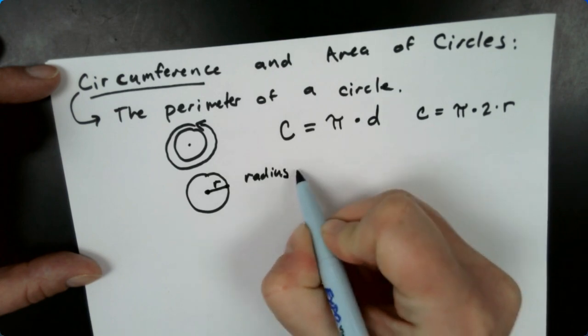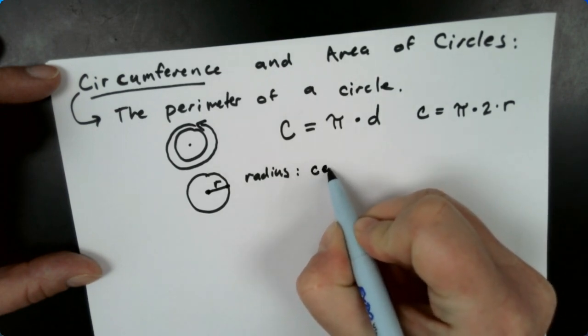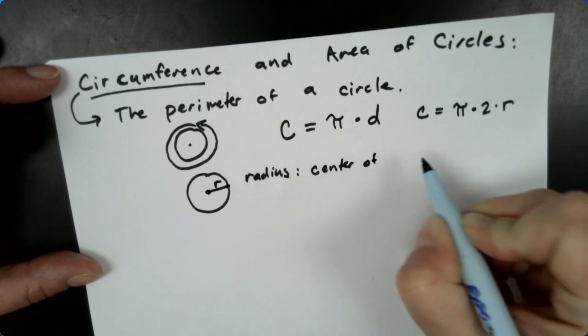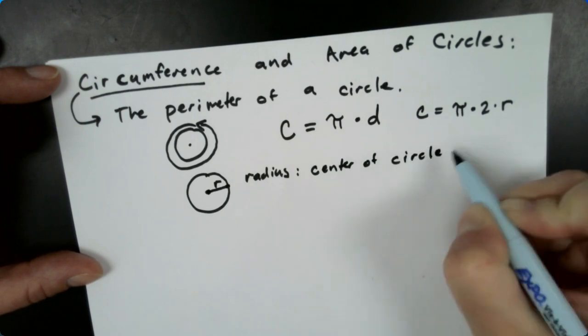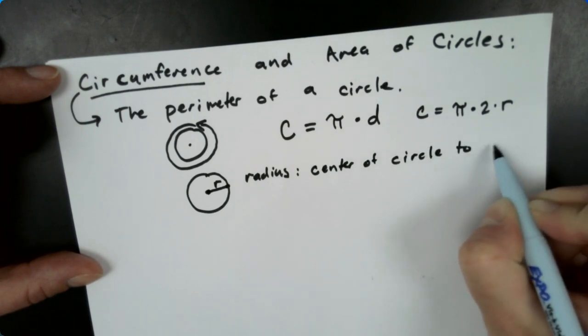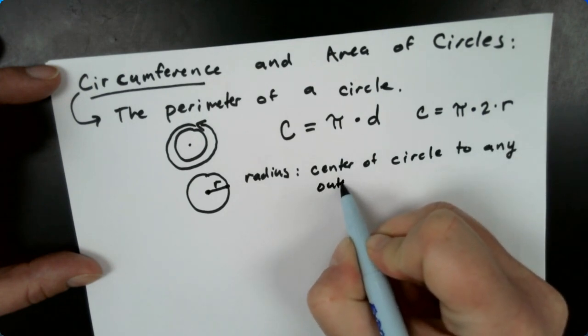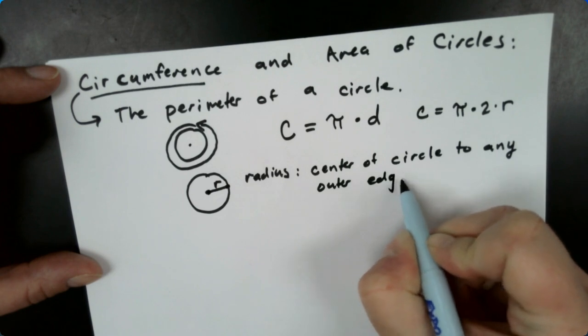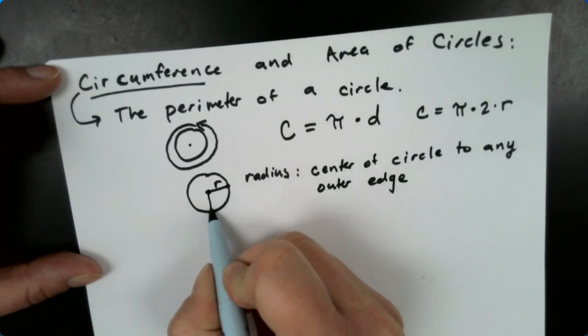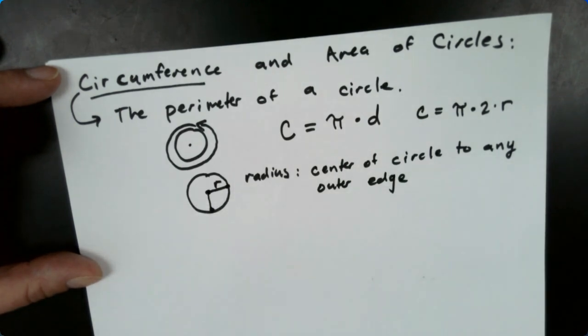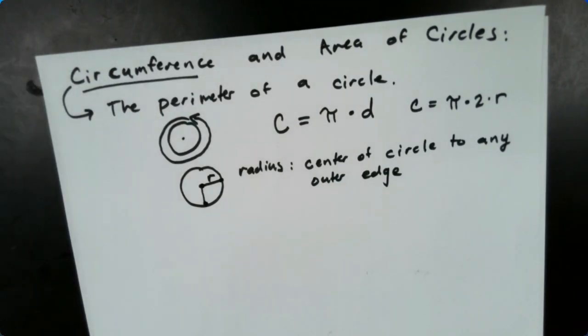Radius goes from the center of a circle to any outer edge. So this could be a radius. We could draw one over there. Anytime we go from the center to an edge, that's a radius.